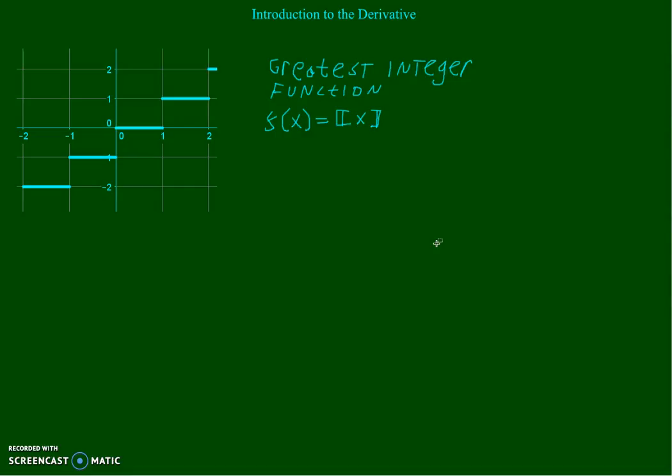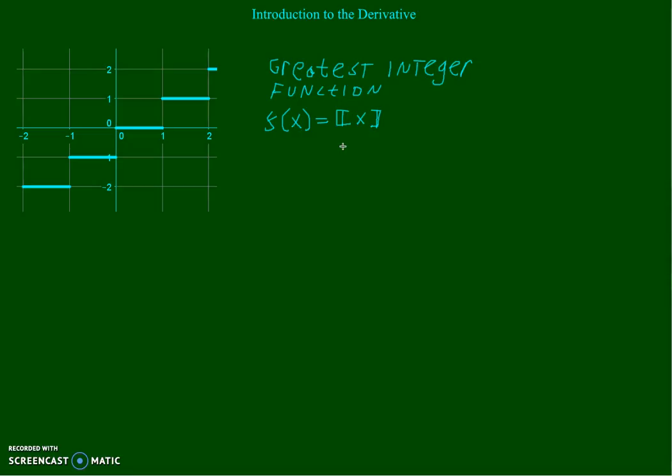For this situation, we're going to employ the greatest integer function. And as you can see, the greatest integer function is discontinuous at any integer value. So what we're going to do is apply the alternative form of the derivative to this function, and apply the limit from the left and from the right and determine what happens.